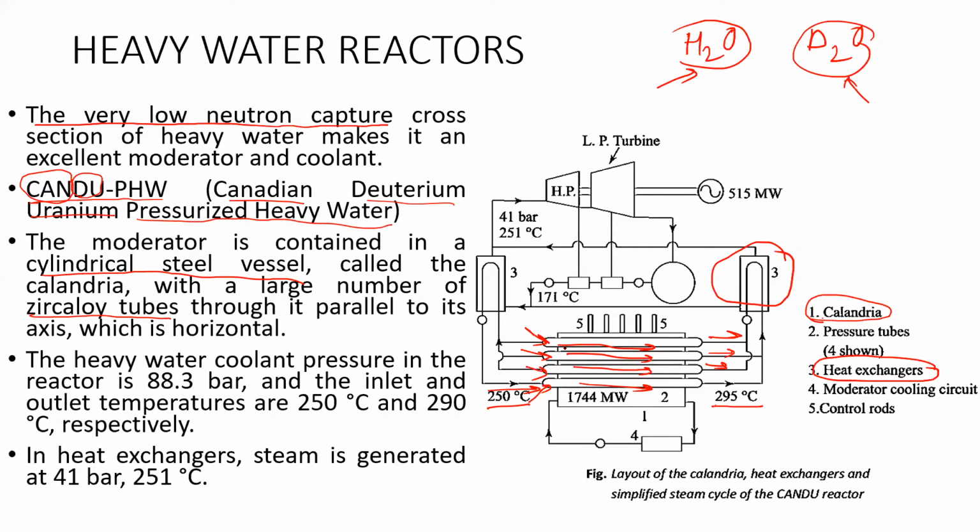So the D2O coming out of these zircaloy tubes will flow through this heat exchanger, where one extra loop is there. You can see that this loop is there.